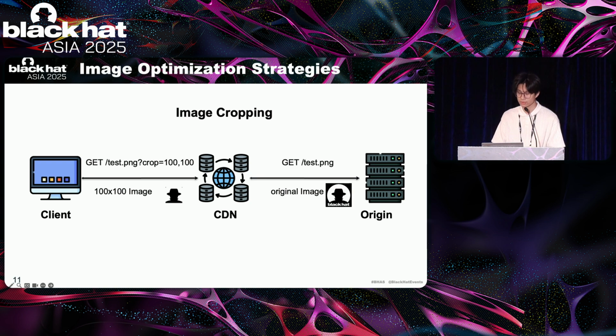However, most CDN vendors do not enforce strict limitations on the parameters used in these optimization strategies. This lack of restriction opens the door for attackers to exploit the CDN, turning a simple optimization strategy into a powerful amplification attack.